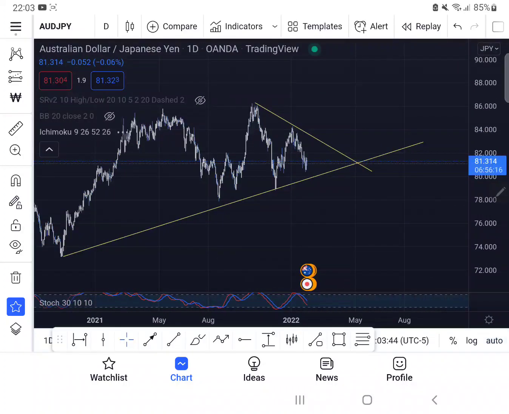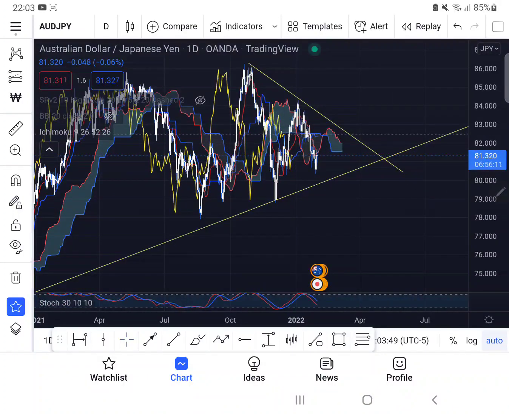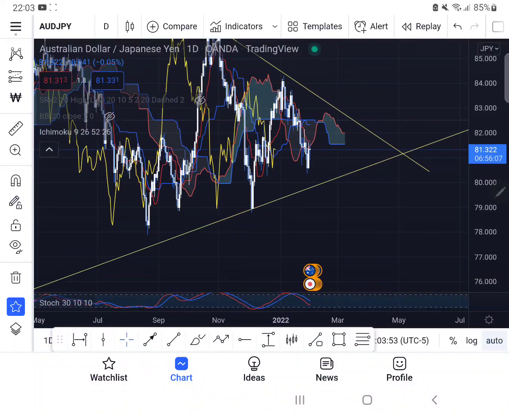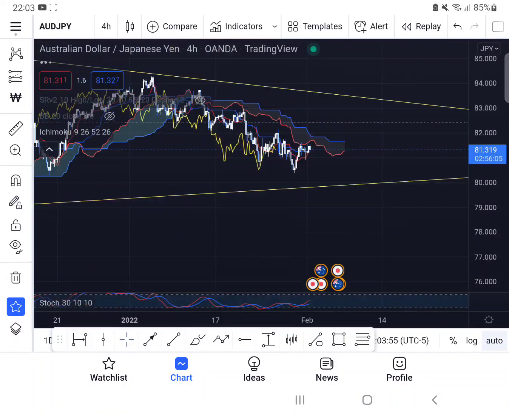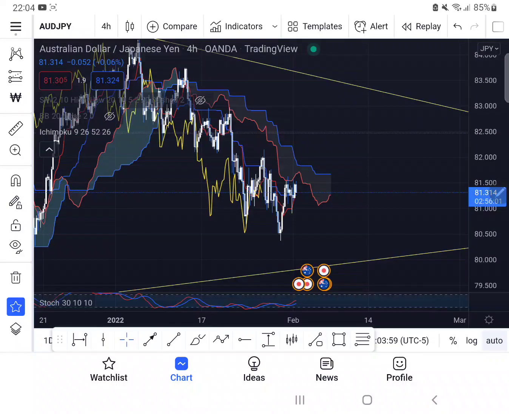Alright, what does Ichimoku tell you now for the 4 hour chart? Oh, sorry, back to the 4 hour chart. It's a very spiky market right now. It's retracing back to the cloud again. With the market like this, I simply stay away because it's hard to tell which way it can go.